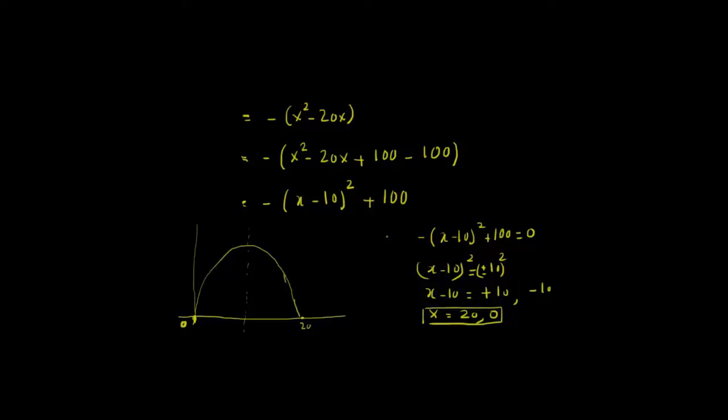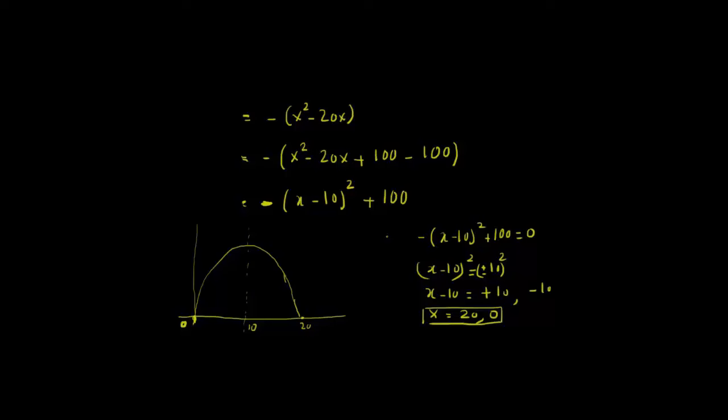Since we know x equal to 0 and x equal to 20 are the two x-intercepts, the quadratic curve will go through them. And this negative sign in front of this expression tells me it's a curve concave downwards. And between 0 and 20, in the center, is this line x equal to 10.